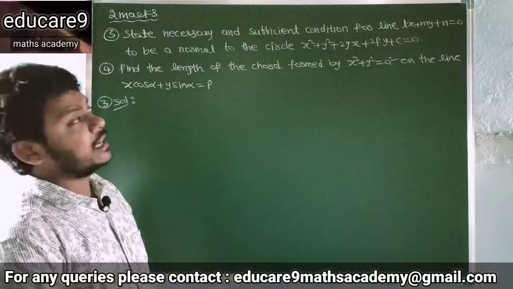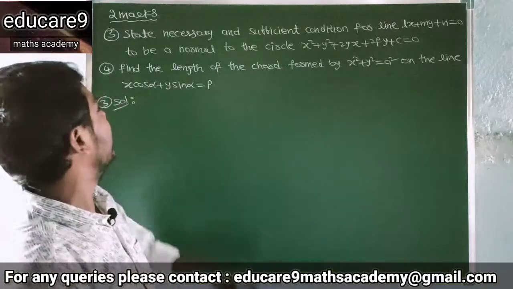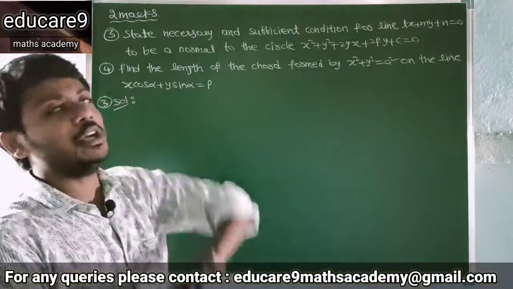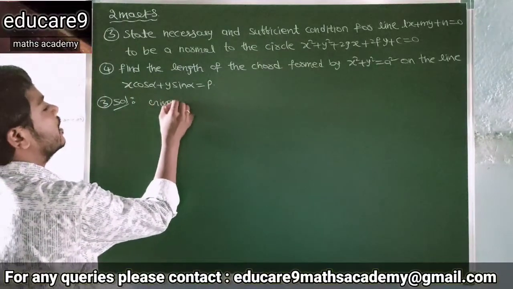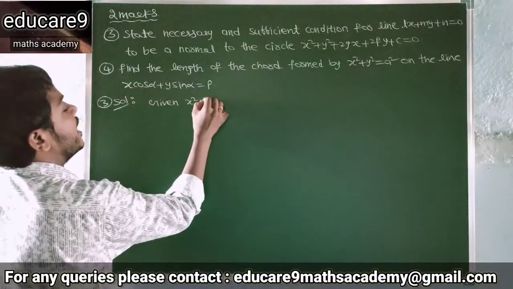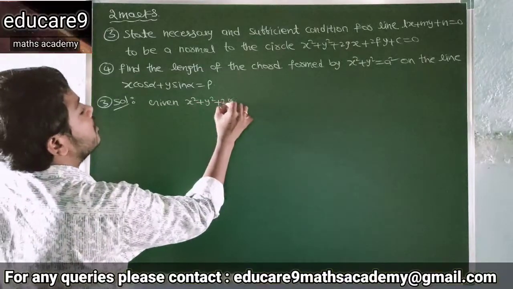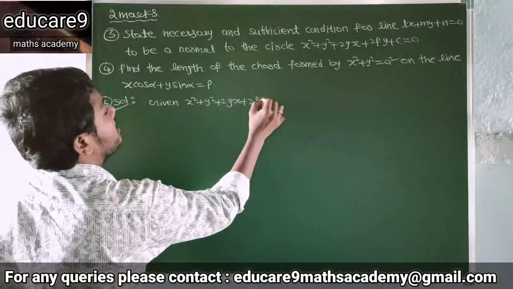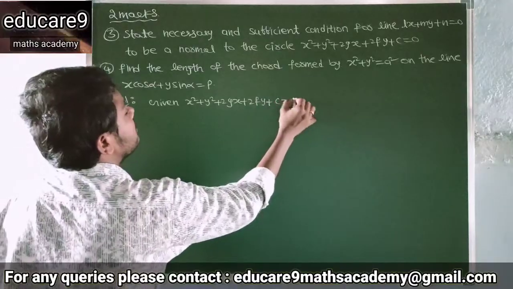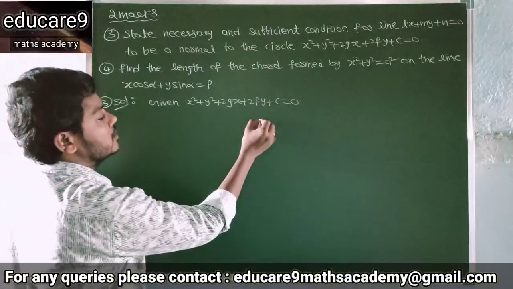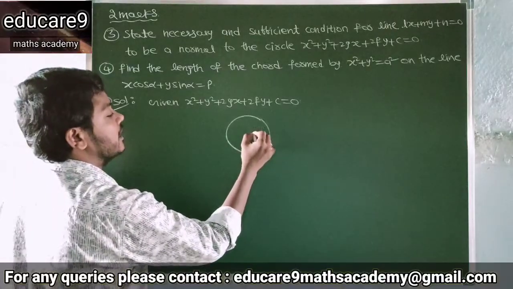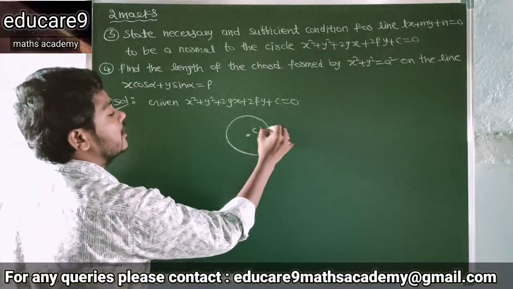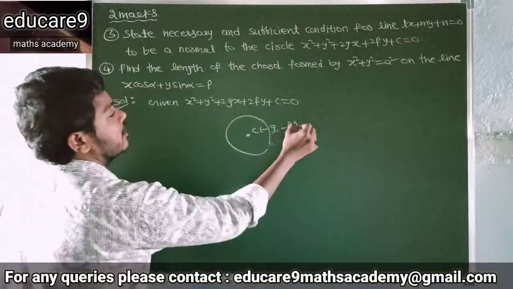So see the third one. State the necessary and sufficient condition for the line to be a normal to the circle. Given circle: x square plus y square plus 2gx plus 2fy plus c is equal to 0. So this is the given circle and this is the center of the circle, that is (minus g, minus f).